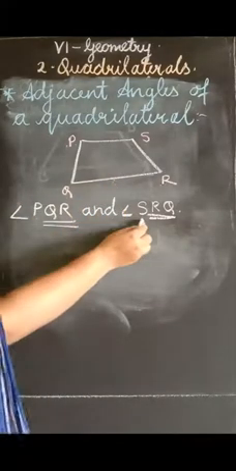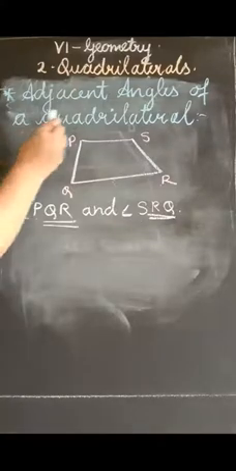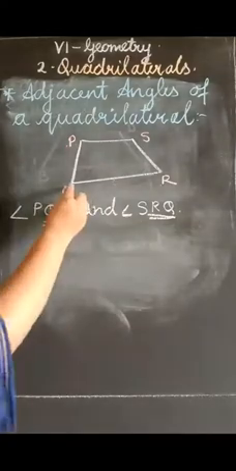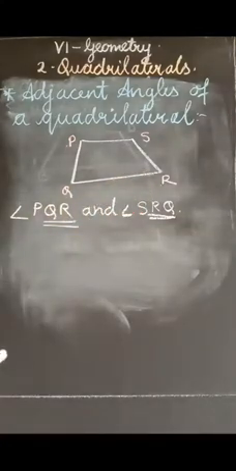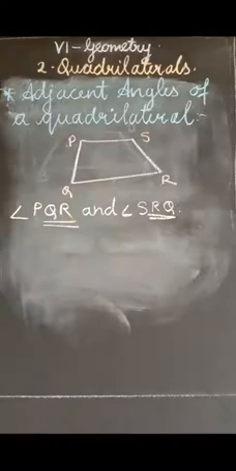So these two angles are called as adjacent angles of a quadrilateral. Okay, so the adjacent angles of a quadrilateral have one common arm, or you can say side.